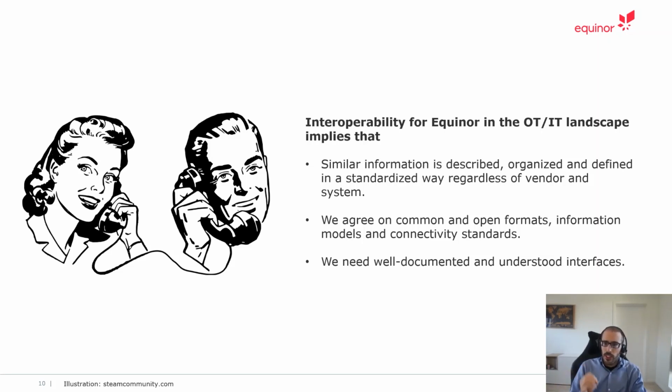So interoperability means that we have similar information organized and defined in a standard way, regardless of what the vendor and the system we are talking about. So we agree on common and open formats, information models, and connectivity standards, and we need to have well-defined, understood interfaces.